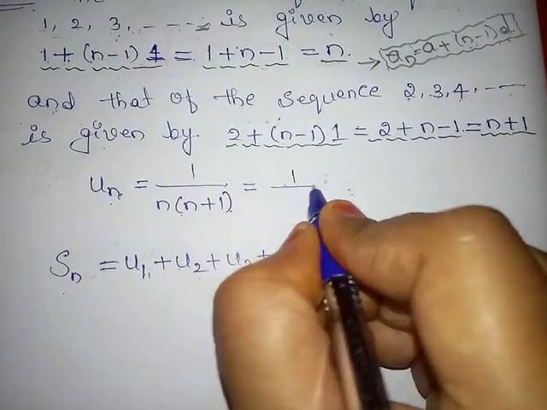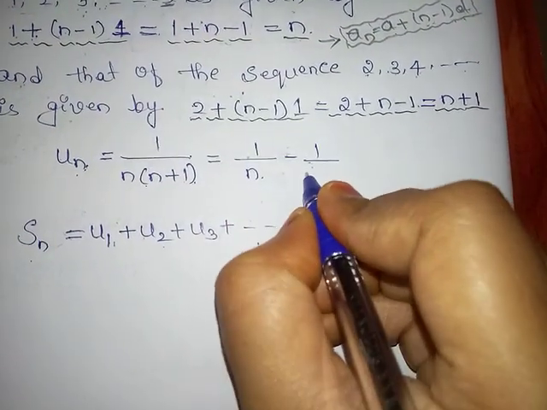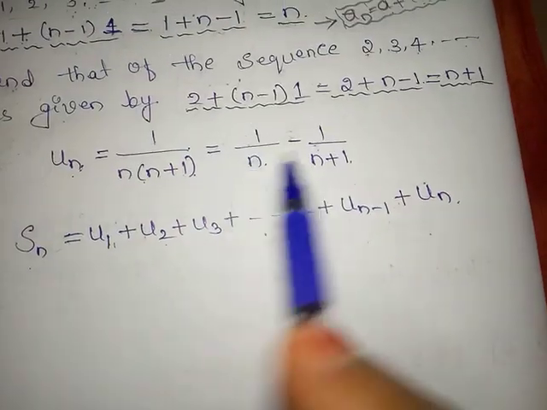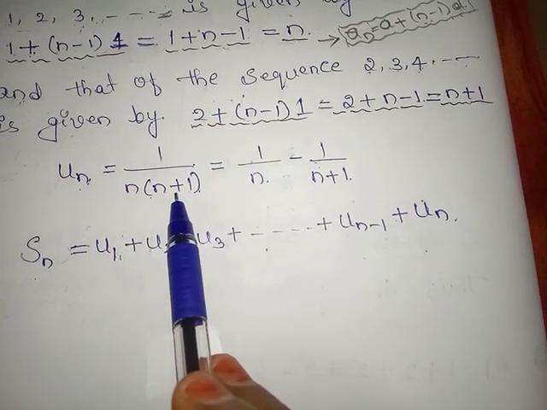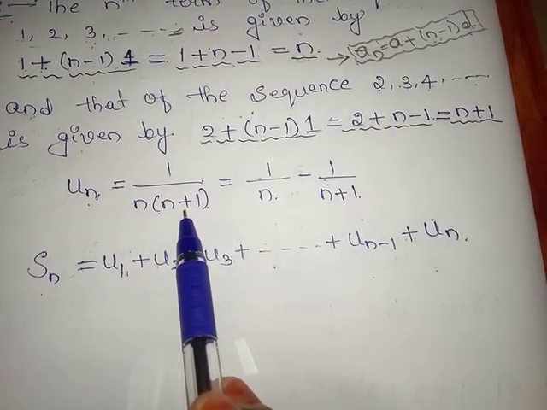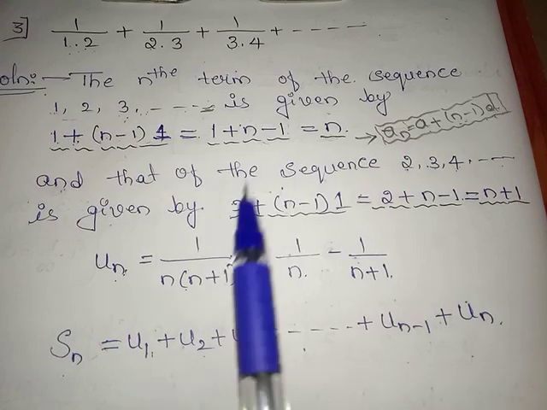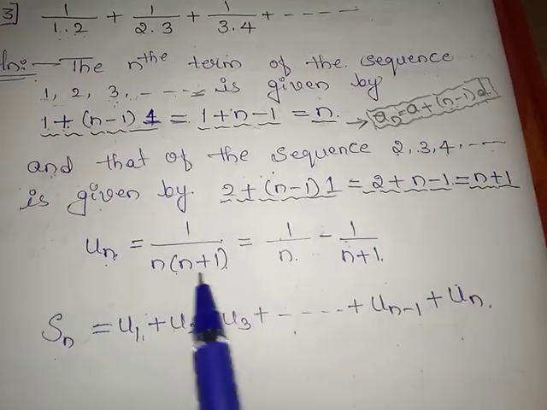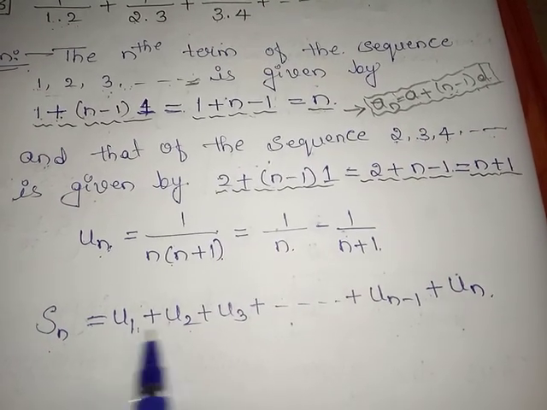What we will get? 1 by n minus 1 divided by n plus 1. For easier calculation of Sn, partial fraction this term. If you put this same nth term, the series will come 1 divided by 1 into 2, 1 divided by 2 into 3, 1 divided by 3 into 4 and so on to 1 divided by n into n plus 1. We want their sum.